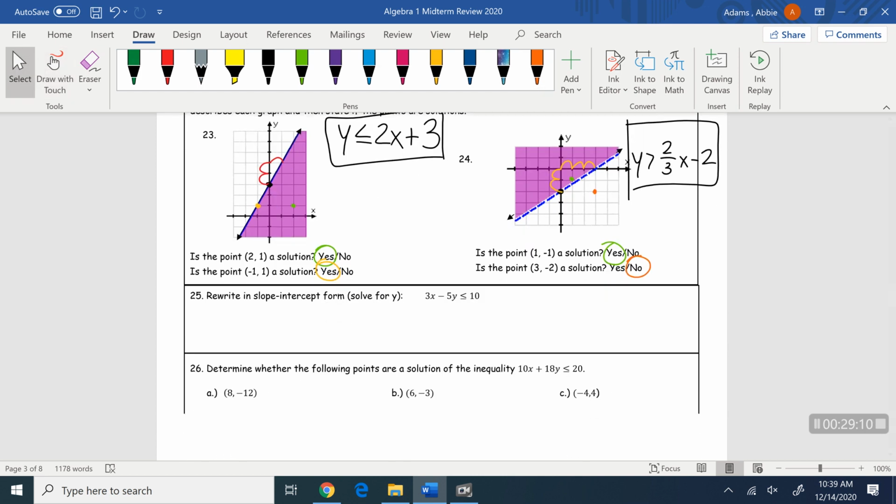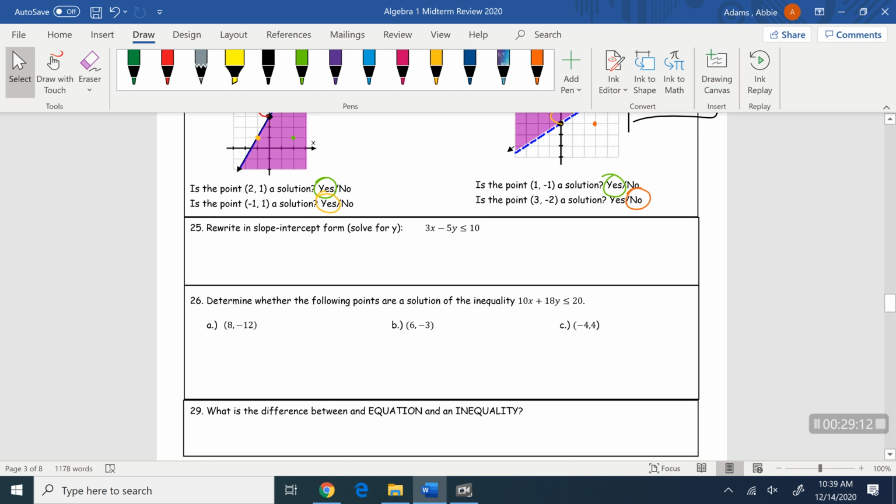Let's look at problem 25. It says to rewrite this in slope-intercept form. Just like we have been doing, guys, we're going to isolate our y. So we're going to subtract 3x from both sides to start off with. So I'm going to have negative 5y is less than or equal to negative 3x plus 10.